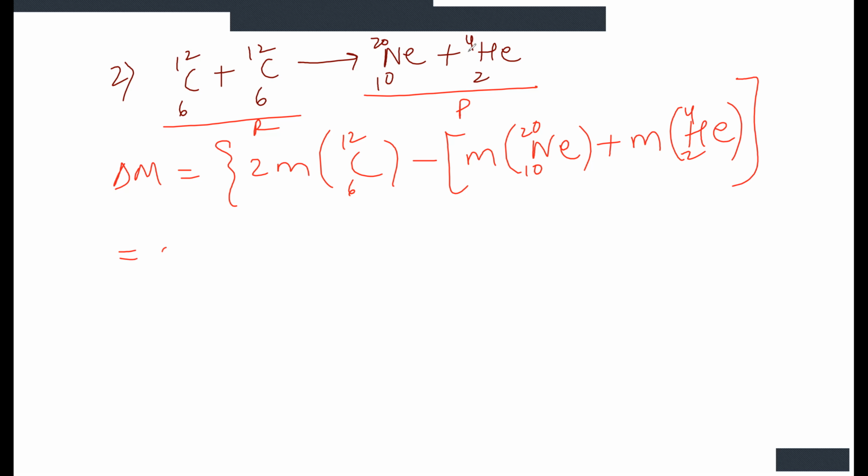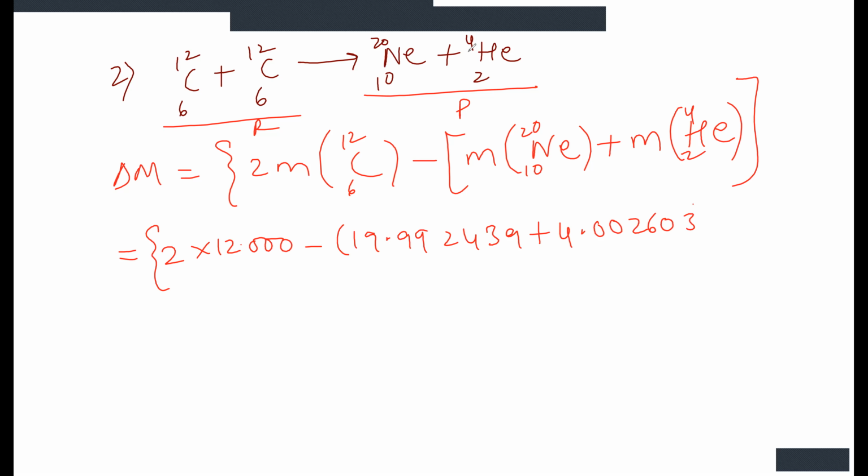So then we are writing 2 into 12.00 minus 19.992439 plus 4.002603. If you simplify this, it becomes 4.958 into 10 to the power minus 3 atomic mass unit.